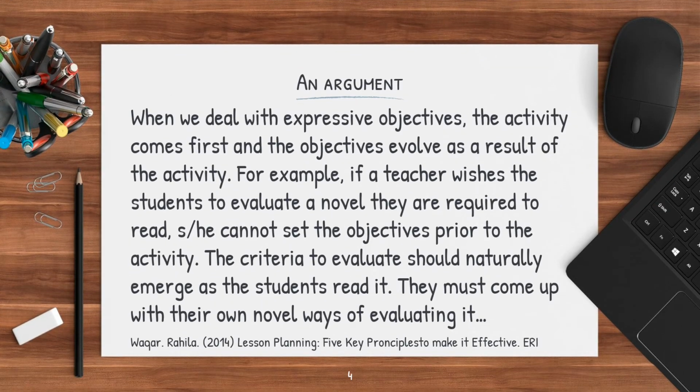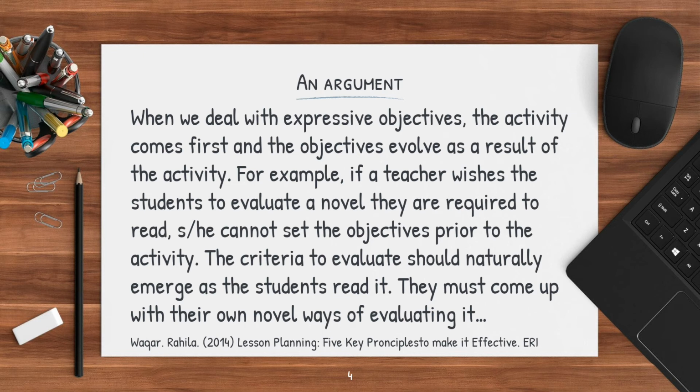Now let's look at an example. This example is an argument. When we deal with expressive objectives, the activity comes first and the objectives evolve as a result of the activity. For example, if a teacher wishes the students to evaluate a novel, they are required to read. He cannot set the objectives, that is, a teacher cannot set the objectives prior to the activity.